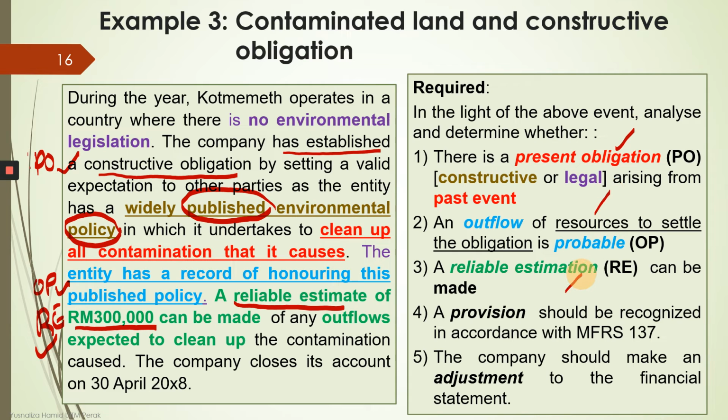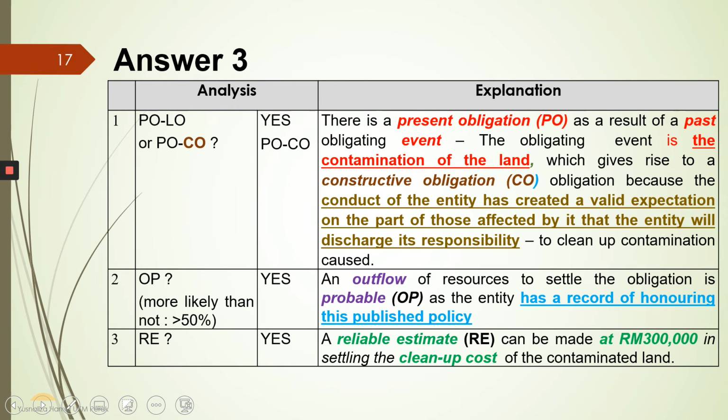We have checked, and because we know that they are being fulfilled, a provision will be recognized. So you can also make the adjustment. You can check the answer in the next slide 17 here, where the analysis is of course looking at the recognition criteria, and you have to make sure that all three are fulfilled. So here our first one is POCO, second one is outflow is probable, third one is reliable estimate.